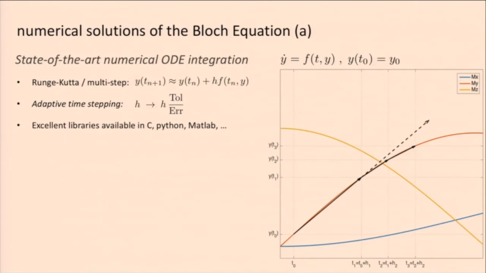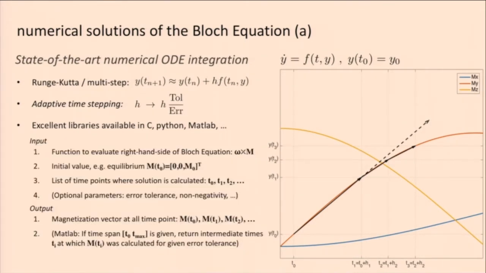So the first option is to use some state-of-the-art integrator. You may remember from your math classes that one prominent way to do this is the so-called Runge-Kutta or a multi-step integrator. What we basically do here is follow the solution over time, and ideally we do this with adaptive time stepping, depending on the error of the solution.